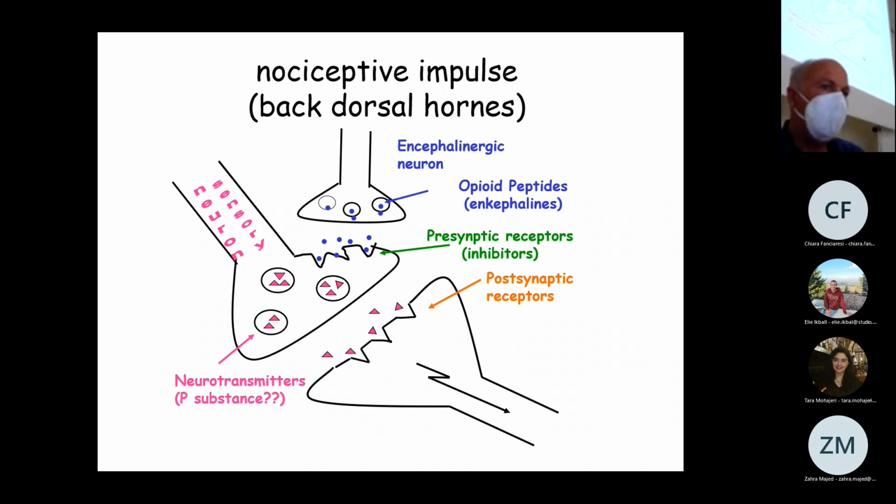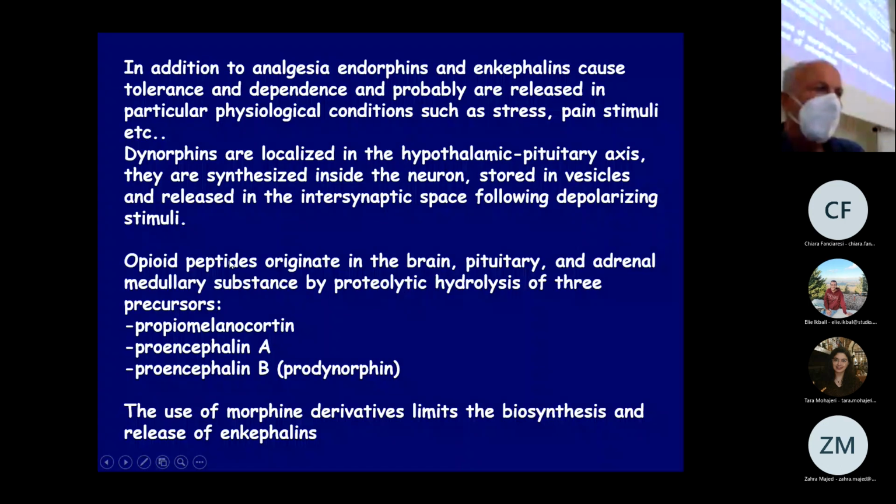So you see it's a complex picture, but you can see where the enkephalinergic neurons are able to stabilize the presynaptic fiber. So we block the transmission of the pain information. Is it clear, this picture? Okay.